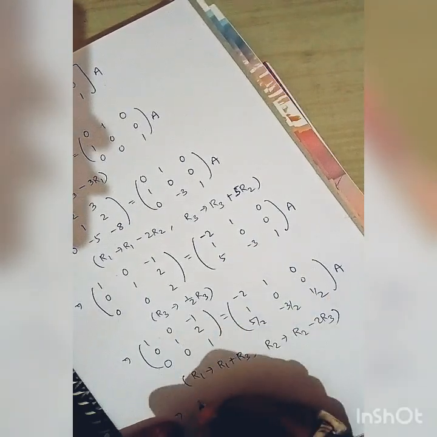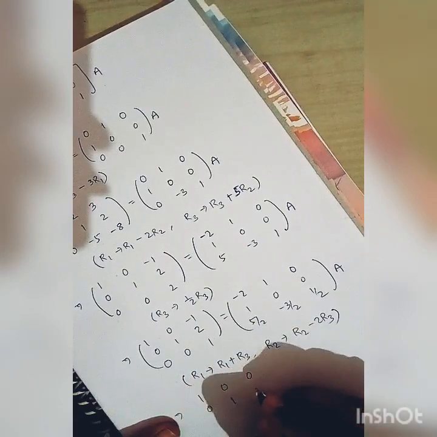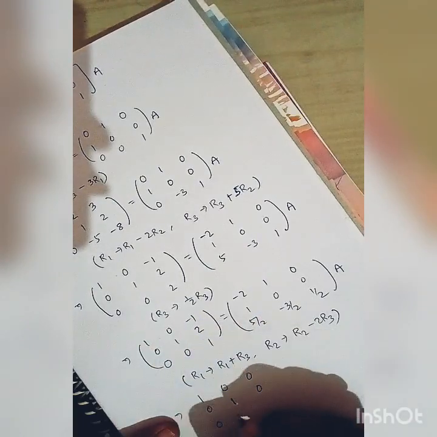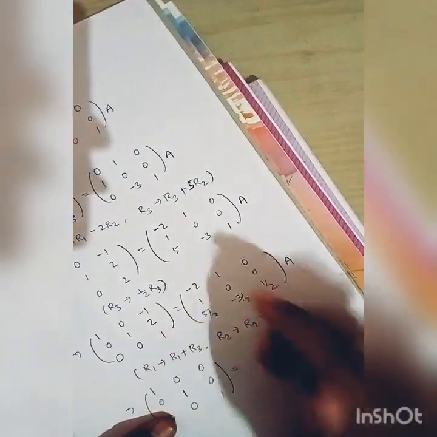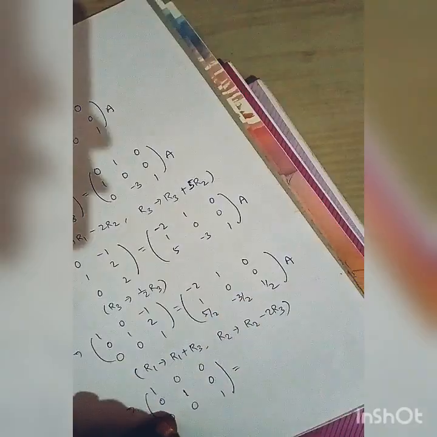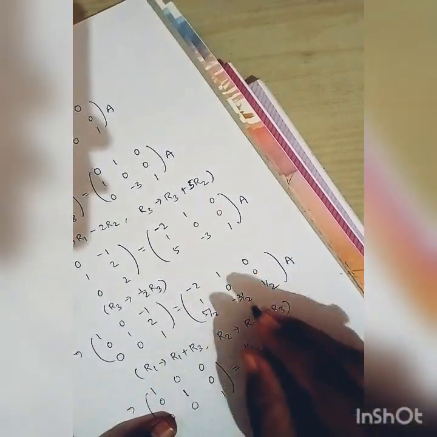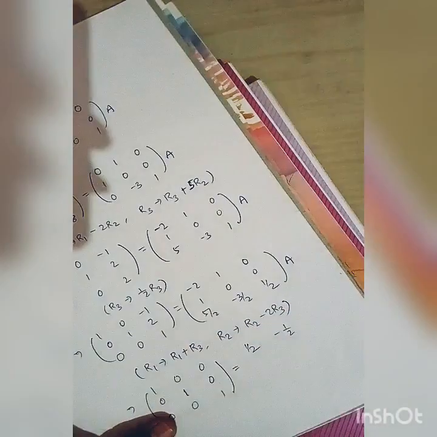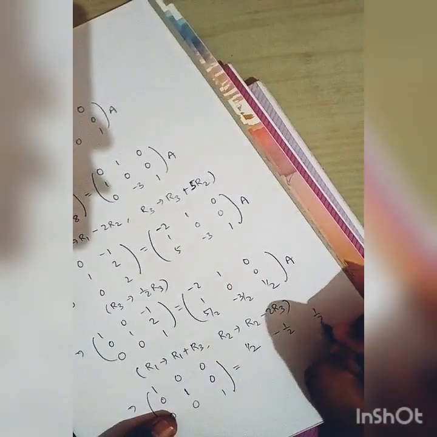So the left side is 1 0 0, 0 1 0, 0 0 1, complete. Now row 1 plus row 3: minus 2 plus 5 by 2, where 5 by 2 is 2.5, gives 0.5, that is 1 by 2. Then 1 minus 3 by 2, that is 1 minus 1.5, is minus 0.5, that is minus 1 by 2. Then 0 plus 1 by 2 is 1 by 2.